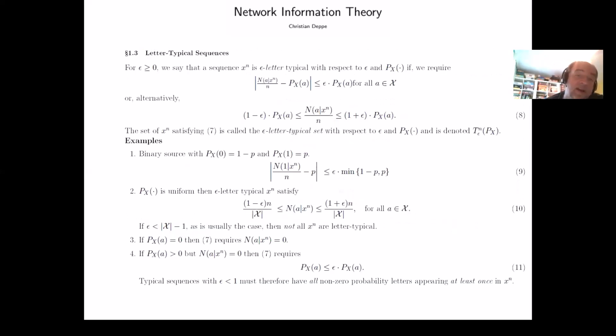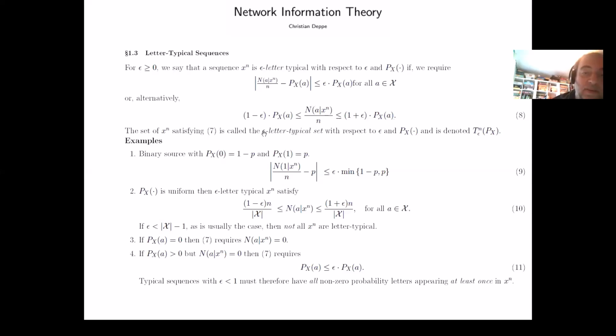After that, we use another notion of typical. In this case, we just count the number of a's in x^n again. So we look again at N(a|x^n) over n. And then we call the sequence x^n typical if this number, for all a, lies between 1 minus epsilon times p_X(a) and 1 plus epsilon times p_X(a).